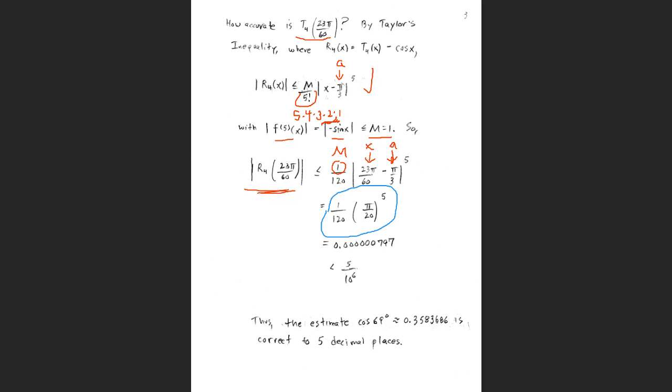That will equal 0.000000797, and that is less than 5 over 10 to the 6th power. So our estimate is correct to 5 decimal places, which is why, Clay, you might have noticed on the calculator, it gave you something very close to our approximation, right? Because our approximation is correct to 5 decimal places.